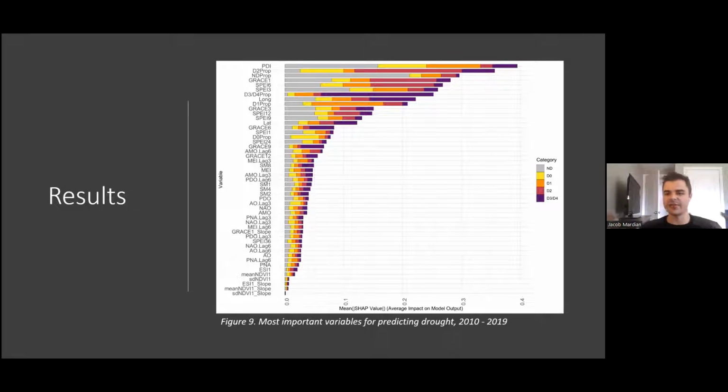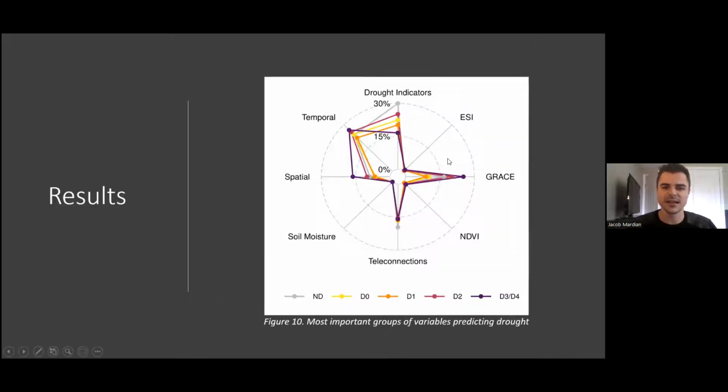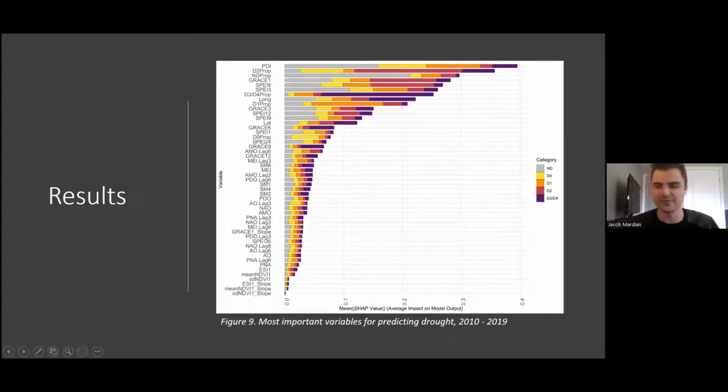We can then aggregate these values across our entire study area and our 10-year study period and look at what are the most important variables for predicting drought in general. And we find that our top variable there is PDI, or our Palmer Drought Index. Again, this is a measure of relative wetness or dryness.